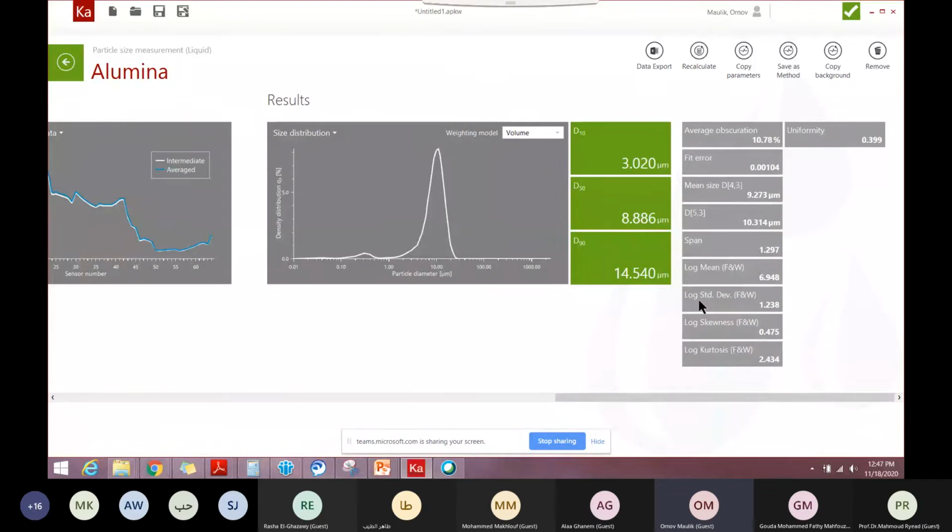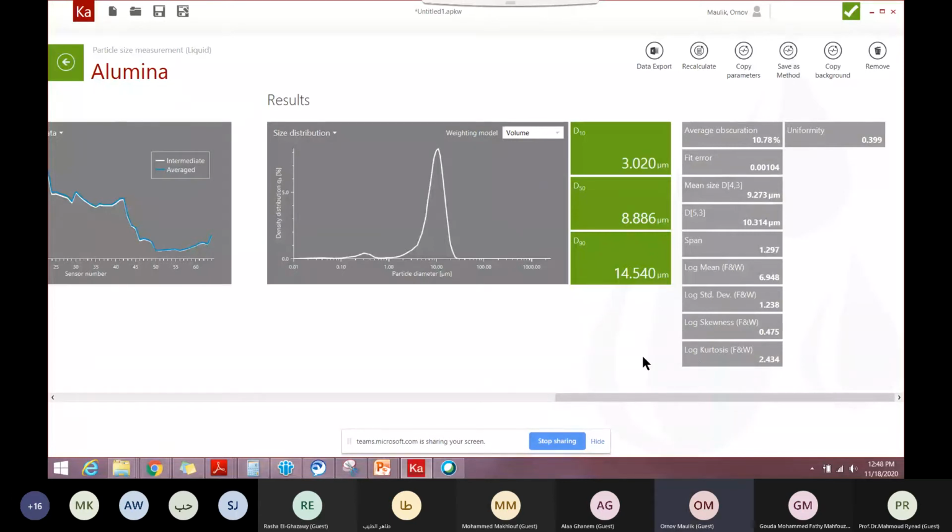Then you have a log mean and log standard deviation. This is basically showing you the 50 percentile of particles, meaning 50% of particles are more than this particular size, considering the median. And the standard deviation is the standard deviation of this log mean.